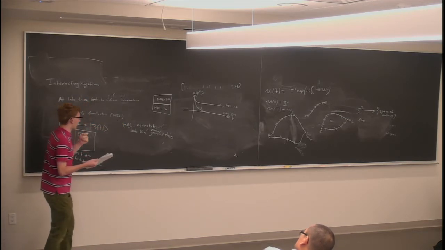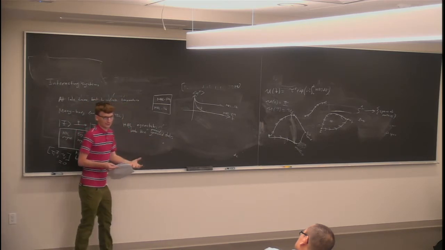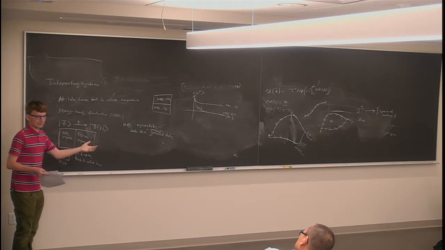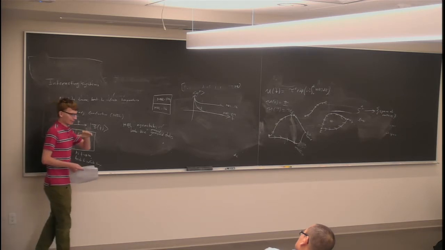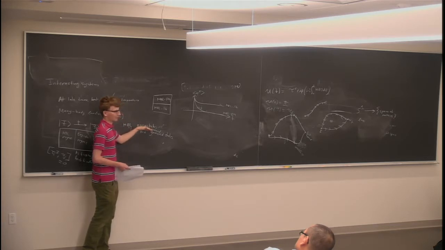Okay, but now we can classify MBL phases because we already have a classification of zero temperature phases, zero temperature topological phases or symmetry breaking phases. That classification is really just a classification of ground states, because at zero temperature the ground state is all you have. But now we can apply this ground state classification to the MBL system, because all eigenstates of an MBL system, not just the ground state (in a Floquet system there is no ground state), look like ground states.